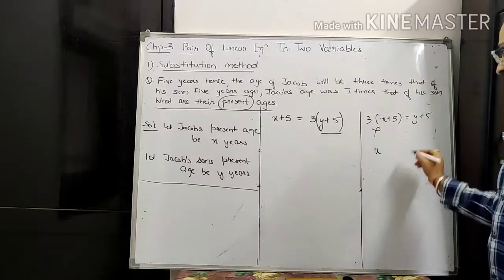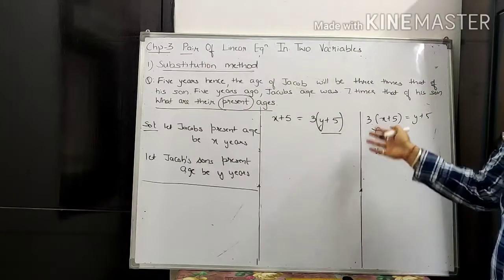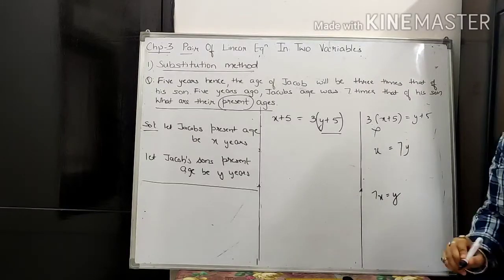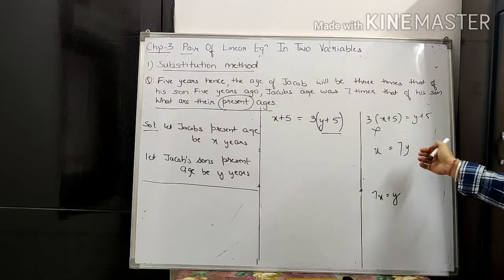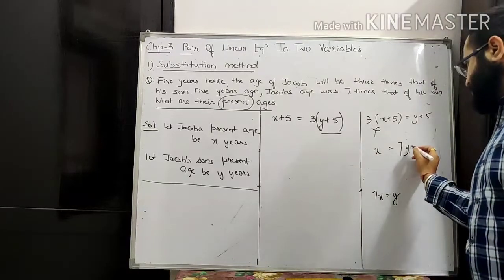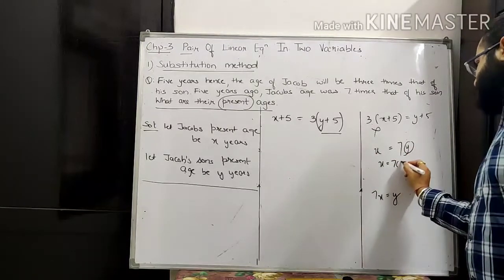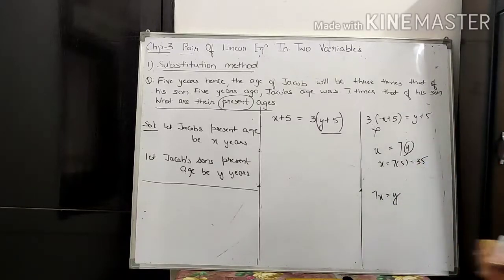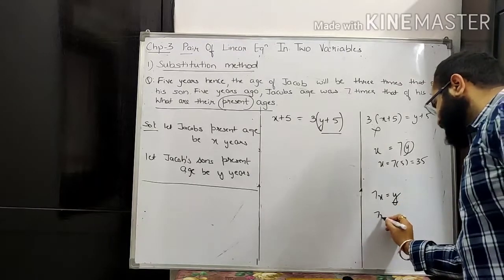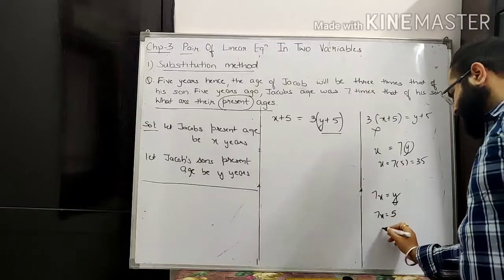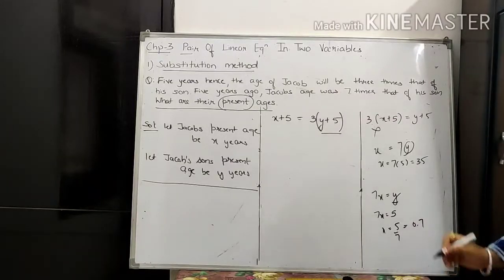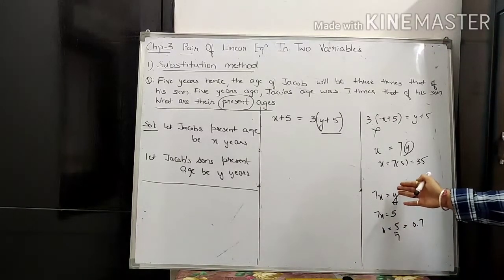Suppose this is Jacob's age and this is his son's age, and Jacob is 7 times his son's age. The son's age will be smaller, so say the son's age is 5 years. Then 7 into 5, the father's age is 35. Feasible enough. But if I put the son's value as 5 here, x is 5 by 7, which is 0.7, so the father's age would be less than the son's age. So this is not possible.